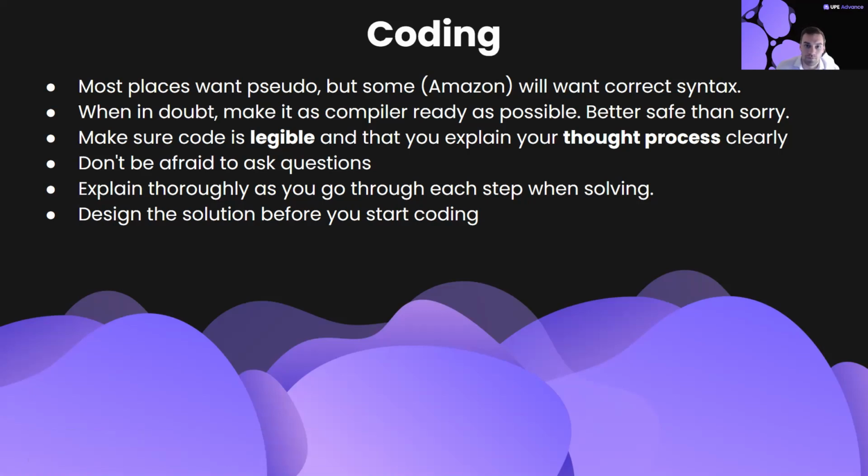Better be safe than sorry. You want to make sure your code is compile ready, and that the computer can compile your source code. It's definitely an extra step when preparing, but it's very necessary.